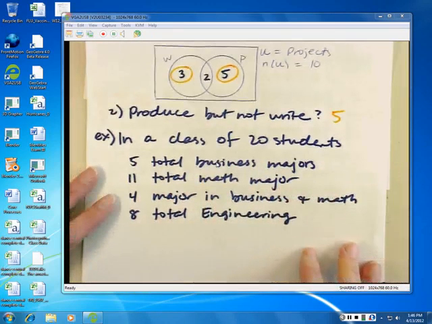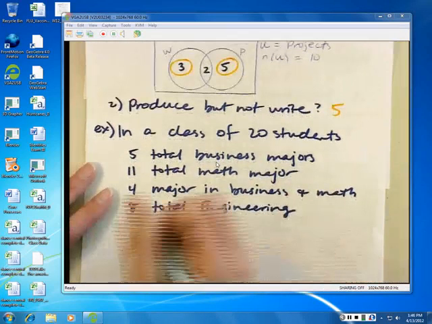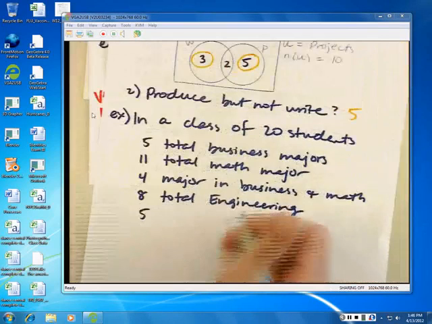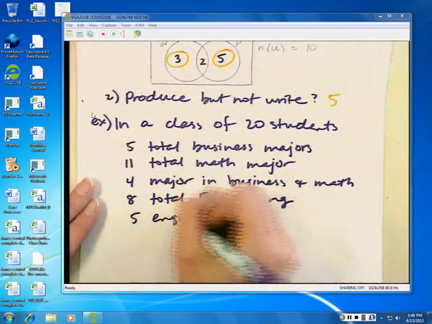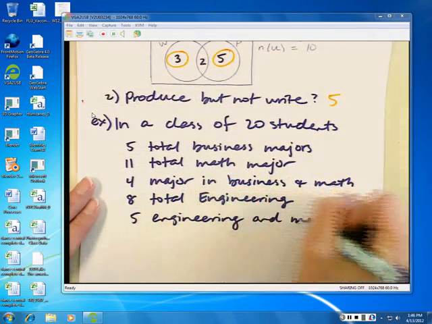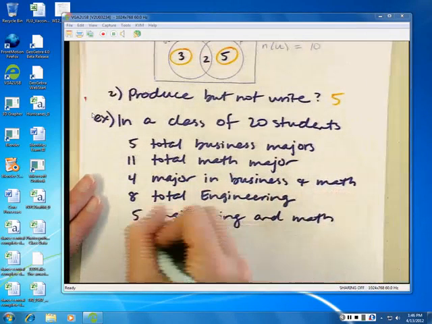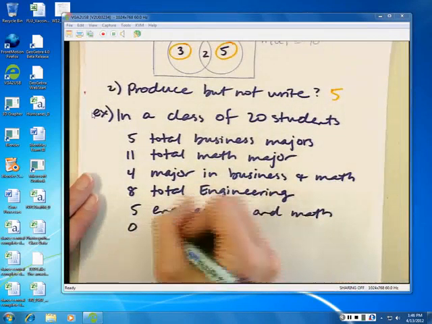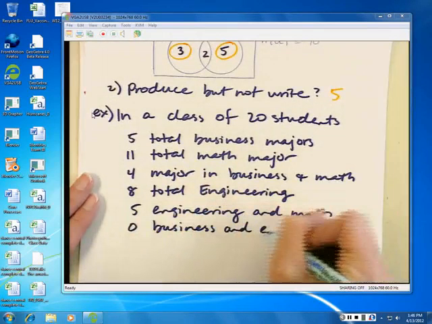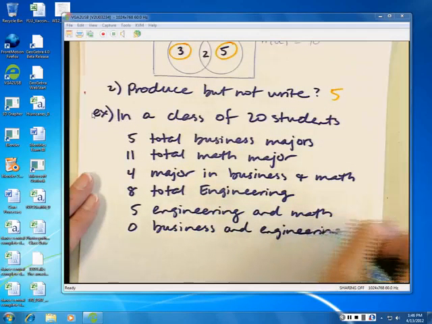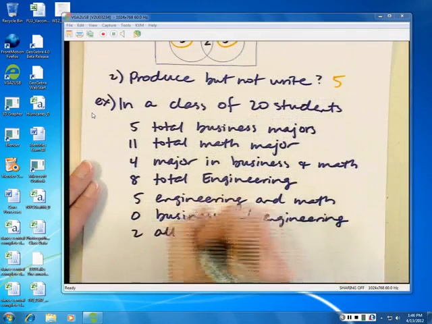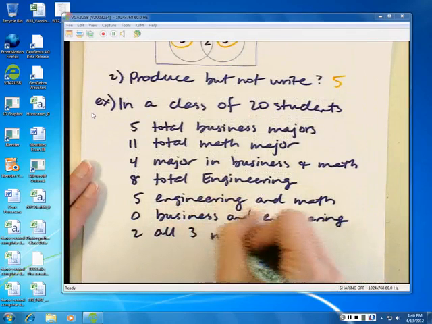Okay, we already got the 4 in business and math, so let's move down to 5. 5 are majoring in engineering and math. Nobody is business and engineering. And then finally 2 are all 3 of these majors.